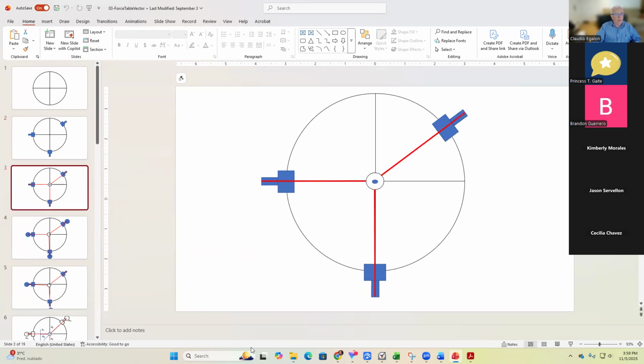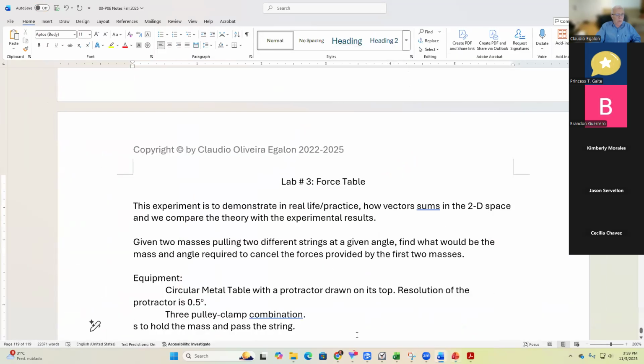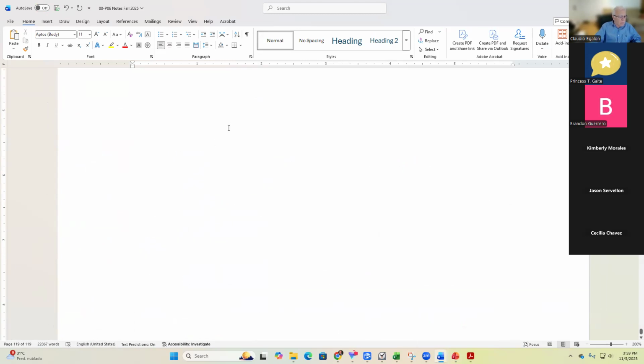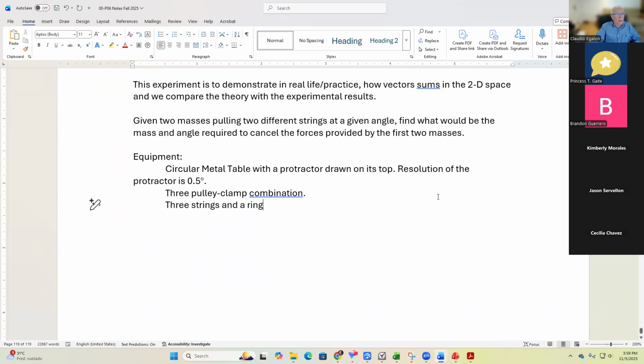Next, we have 3 strings and a ring. The 3 strings attached to a ring.